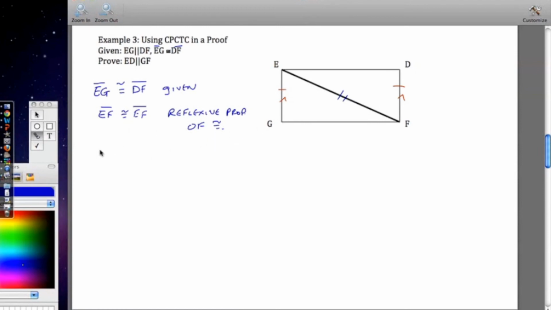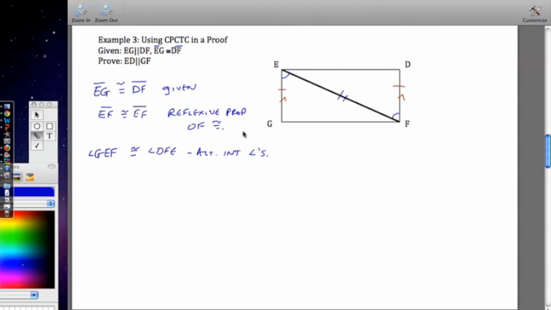So let's see this. What if I said angle GEF is congruent to angle DFE? Because they are alternate interior angles. Okay?